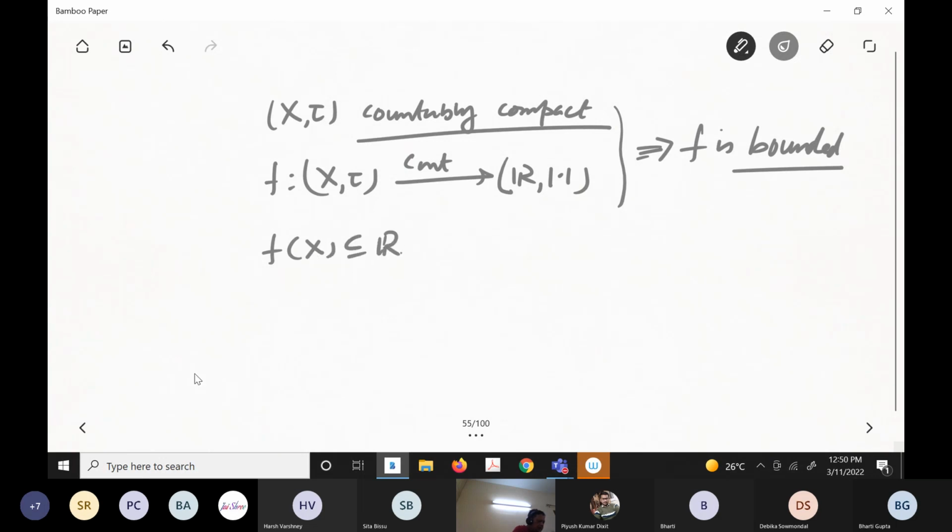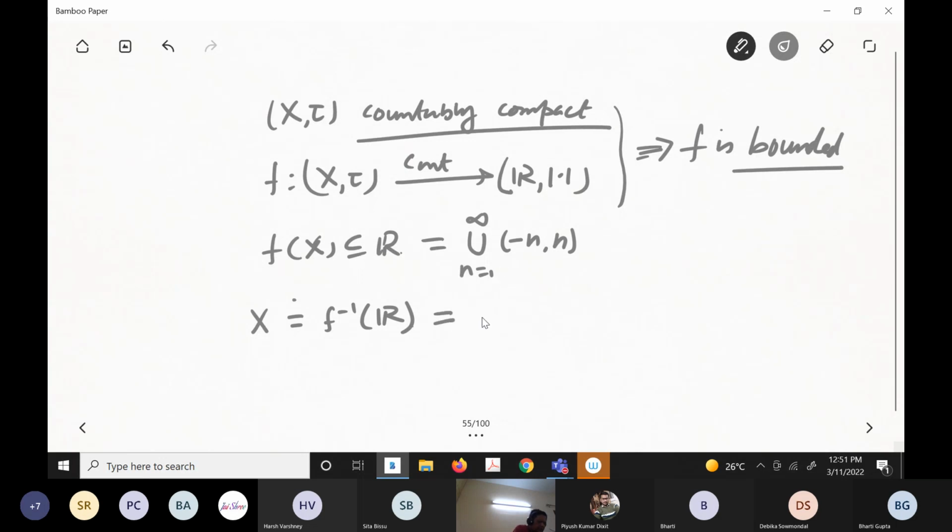Okay. Now R I can write this. So that f(X) equal to this. Right. Now X is f inverse R. It need not be the whole thing, but it's not a problem.